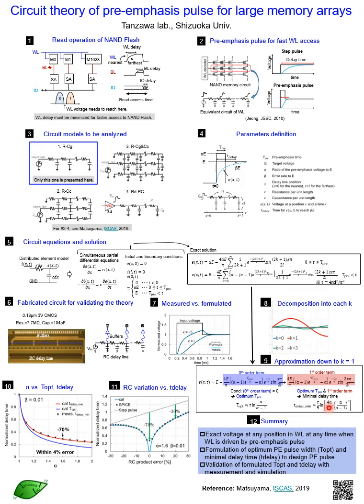So these two equations are the main contributions to the circuit designers who design large memory arrays. This graph shows alpha versus delay time when you apply the pre-emphasis pulse with T opt. The blue curve shows the calculated T opt given by here.